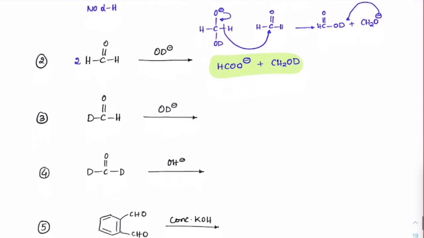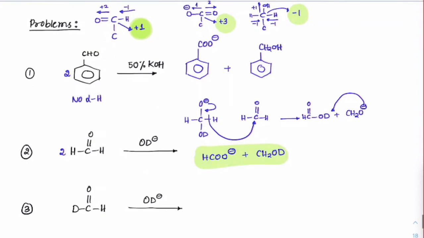Try the next one. Let's see that. Now we have to decide between deuterium and hydrogen which will shift. The carbon-deuterium bond would be stronger compared to the carbon-hydrogen bond.